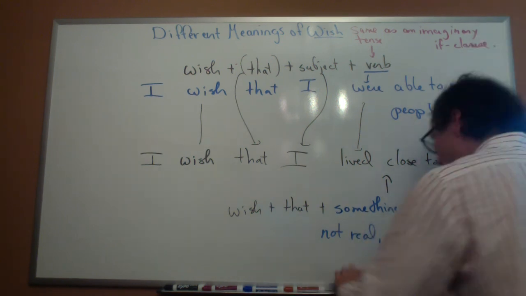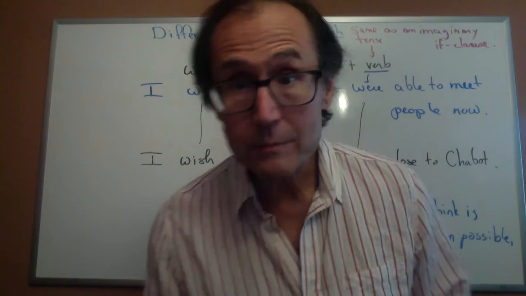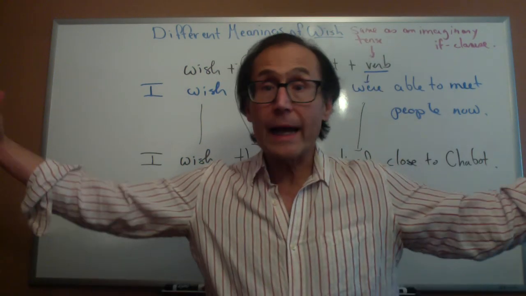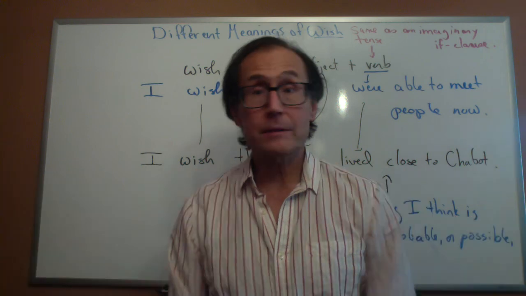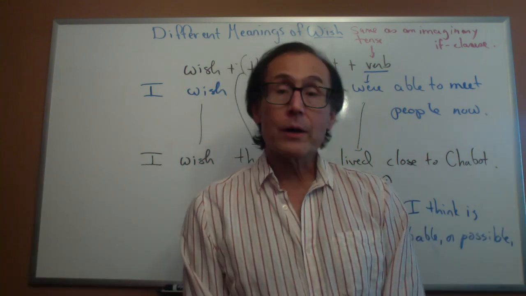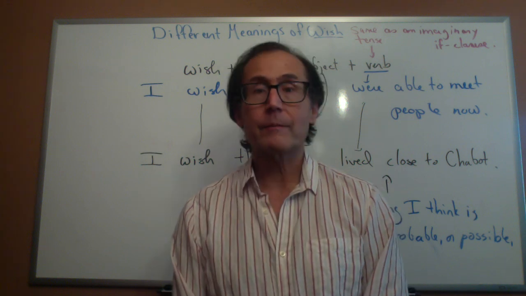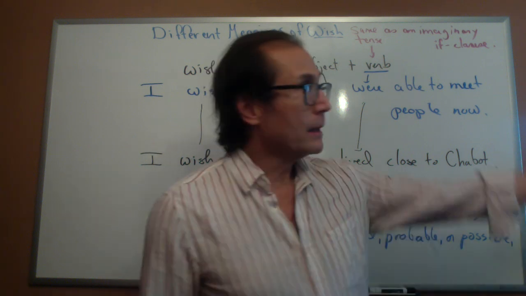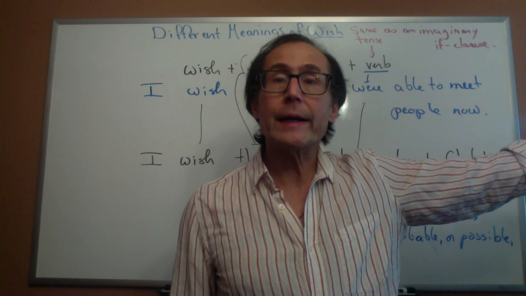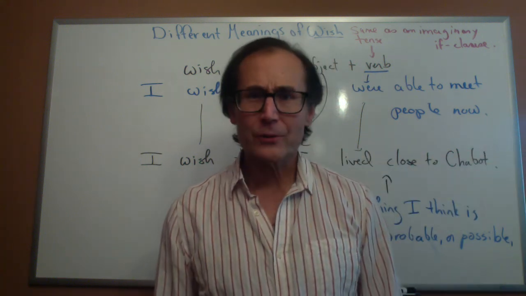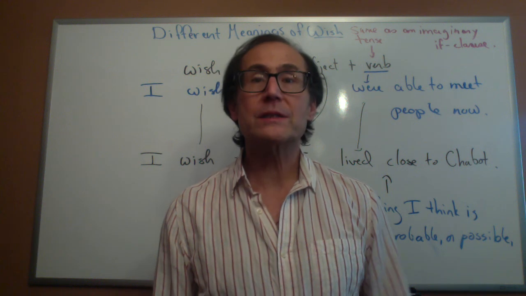Okay? Or I might say, I wish that I had wings. Again, it's not real. Or I might say, let me think of another one. I look outside and it's raining, and I don't think it's going to stop. So I could say, I wish that it would stop raining.